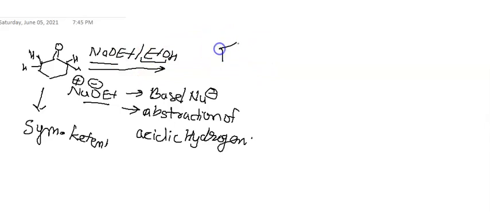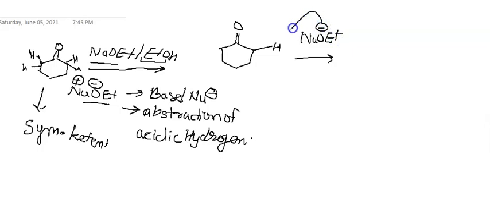So firstly, the hydrogen alpha to the ketone is removed by the base NaOEt, generating an anion at this position.